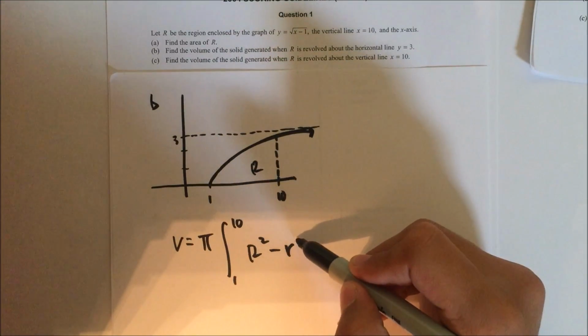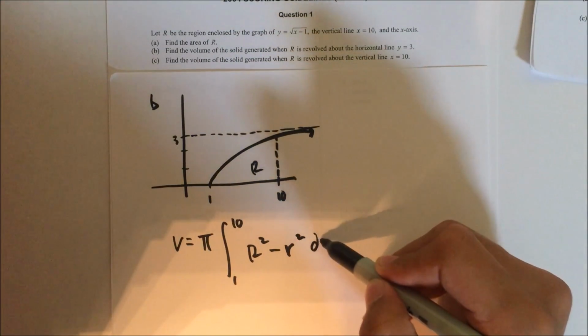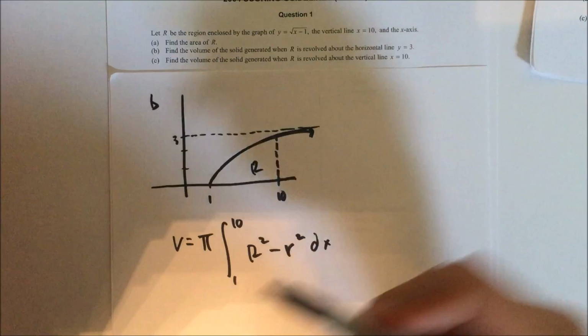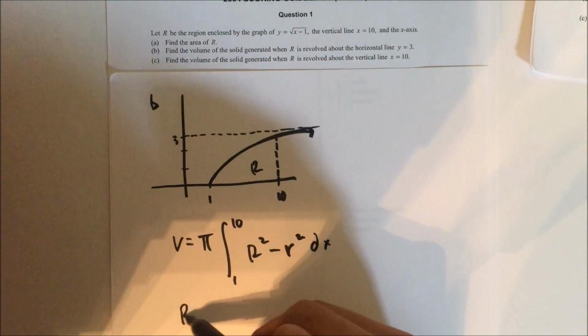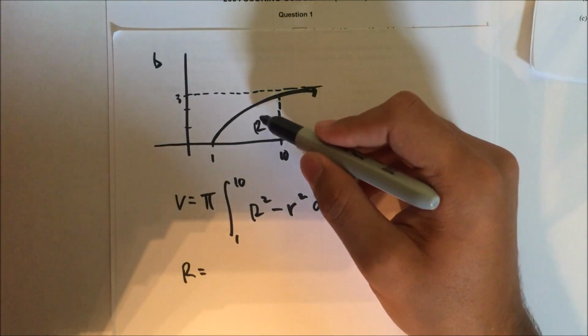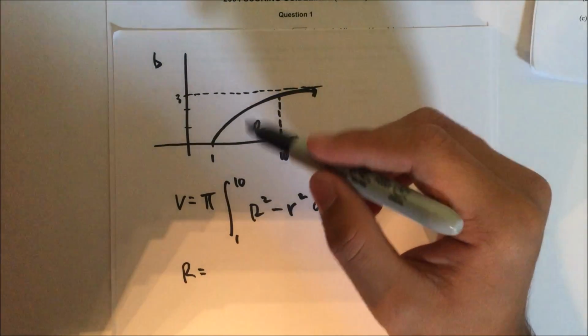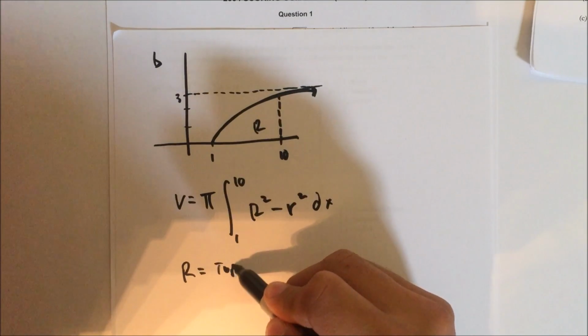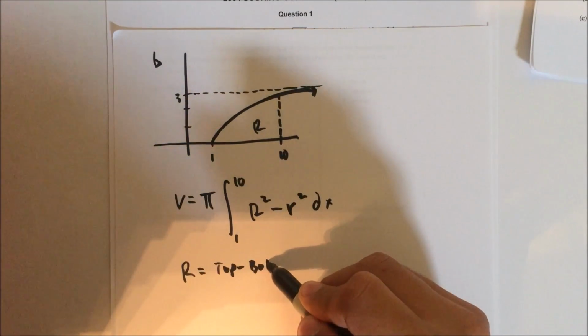So big radius squared minus little radius squared. So finding R, we need to look at what it is. So R is going to be top minus bottom.